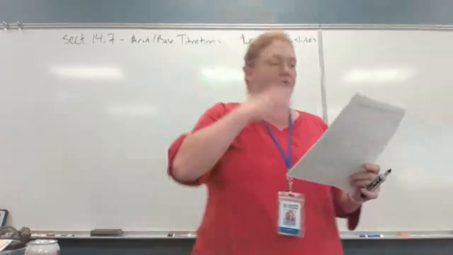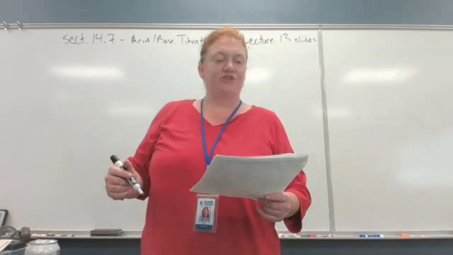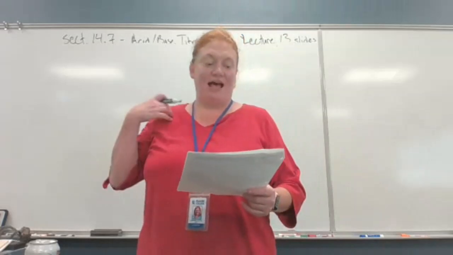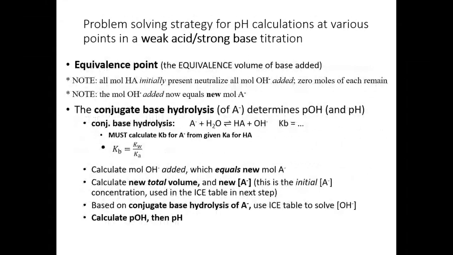We went through initial pH, pre-equivalence point, which is in the buffer region, and then what to do at the equivalence point for a weak acid strong base titration. That's the one that has a whole lot of parts to it.